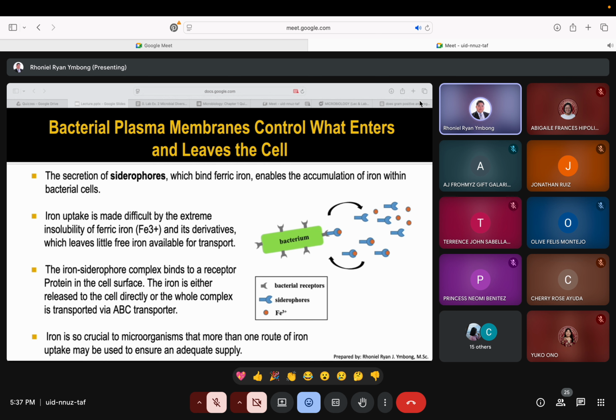So therefore, excessive acquisition of nutrients coming from the environment could lead to imbalances in terms of their cytoplasmic contents or inclusions. And imbalances could result in imbalances in osmoregulation, for example, which can influence the shape of your bacteria.